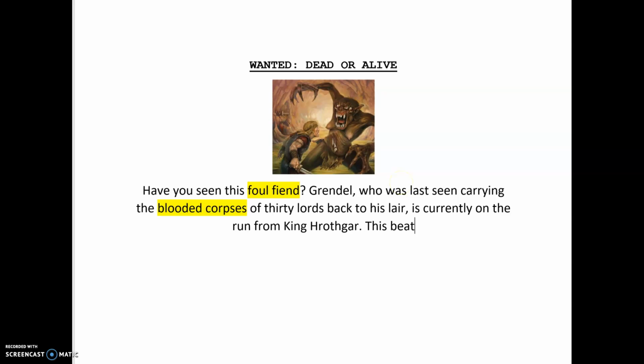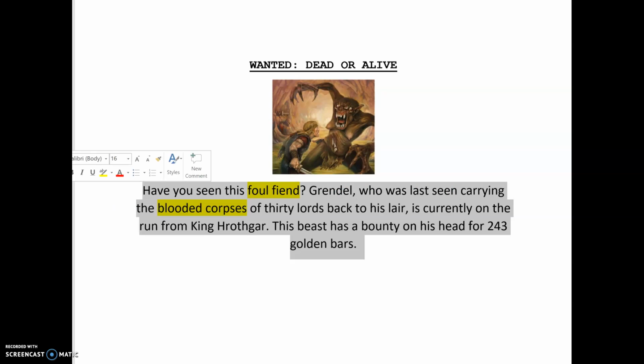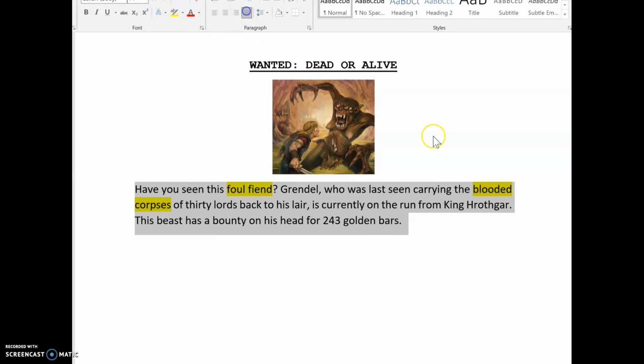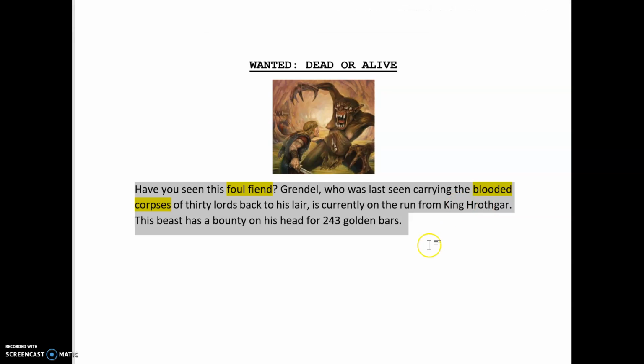So this beast has a bounty on his head for 243 golden bars, and you can decide what you think your bounty is going to be or your reward is going to be and decide yourself. Okay, so I've got an opening paragraph there. I've got a rhetorical question to hook the reader in.